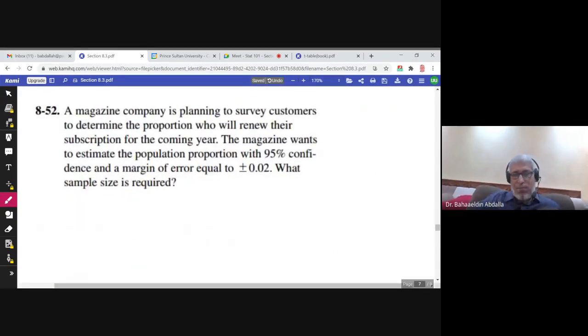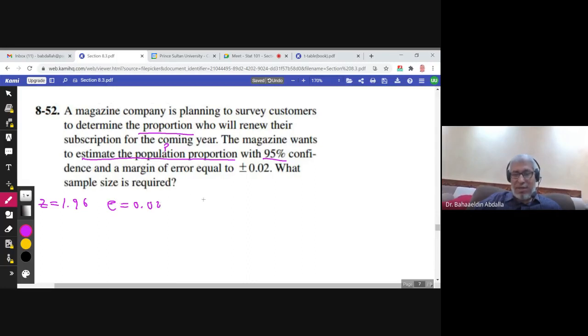Another question. A magazine company is planning to survey customers to determine the proportion who will renew their subscription for the coming year. Okay, so we need to estimate a proportion here. The magazine wants to estimate the population proportion P with 95% confidence, so Z is 1.96 in this case, and margin of error E is 0.02.